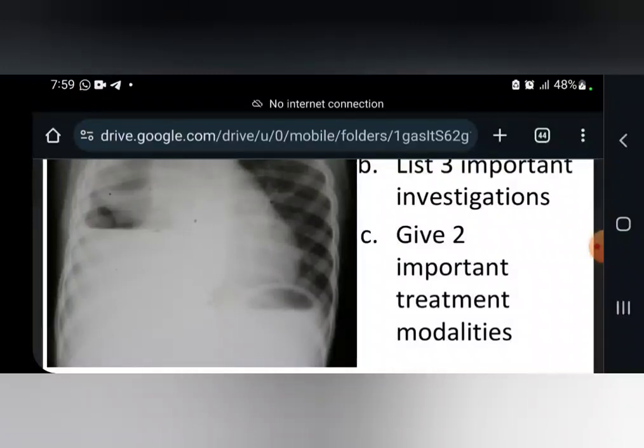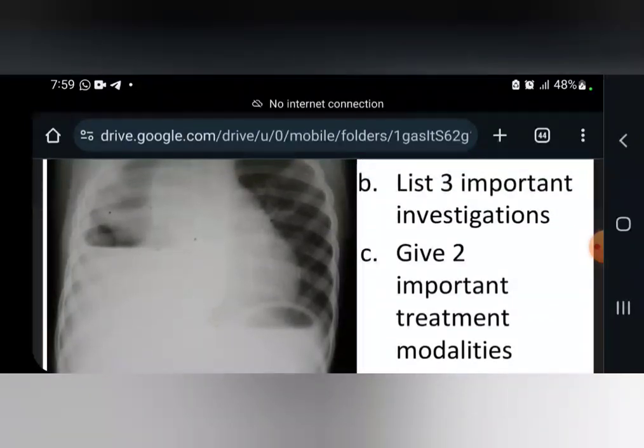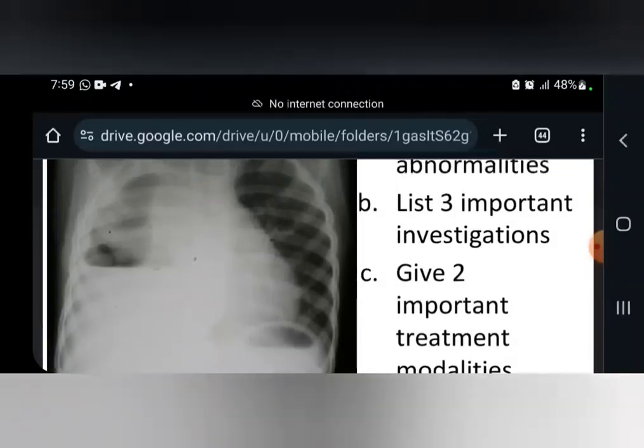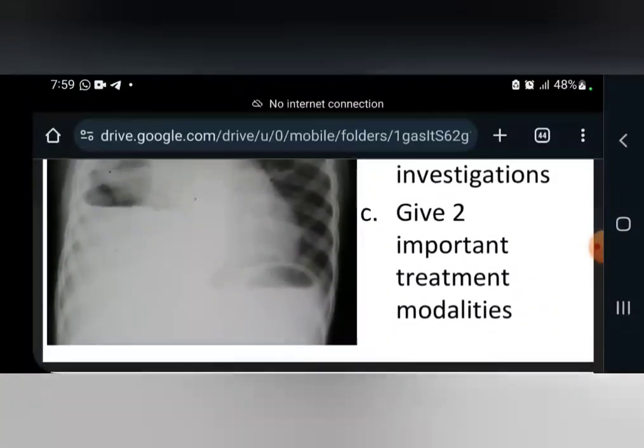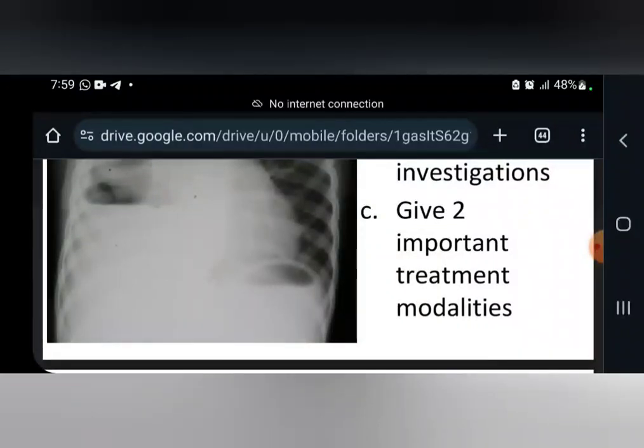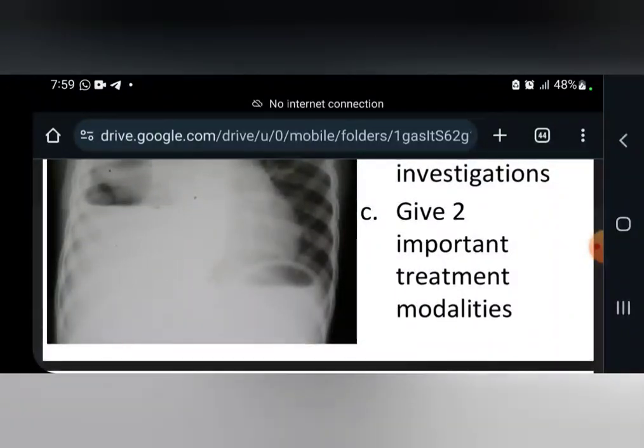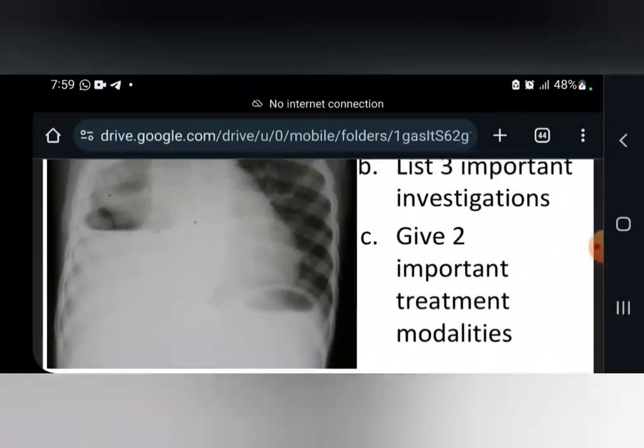Every time you see an air fluid level, you think that there is both air and fluid inside the lung. That's why it's called an air fluid level. And every time there is air and fluid, it means the patient has both a pleural effusion and a pneumothorax. When you have pleural effusion and pneumothorax together, it is called a hydropneumothorax. Is it clear? It means there is both air and fluid inside the thorax.